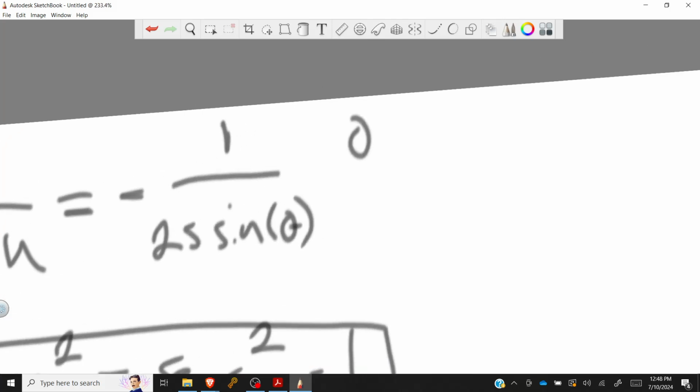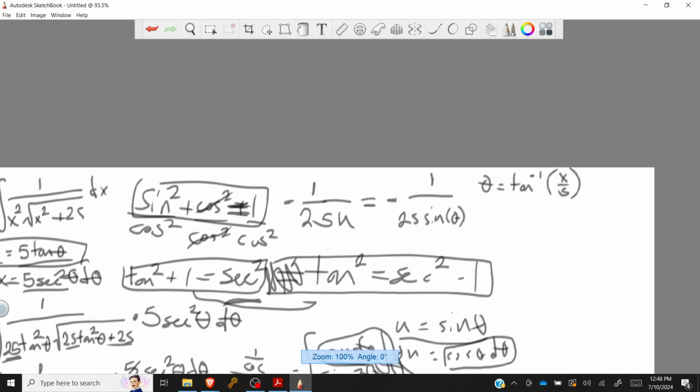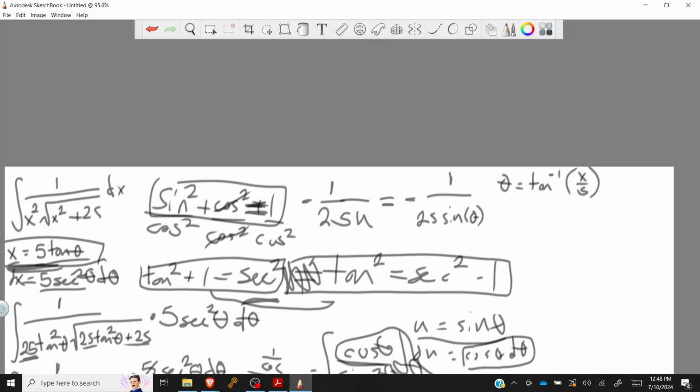So that would be theta equals the arctangent of x over 5, right? We divide 5 on both sides here, and then take the inverse trig function.